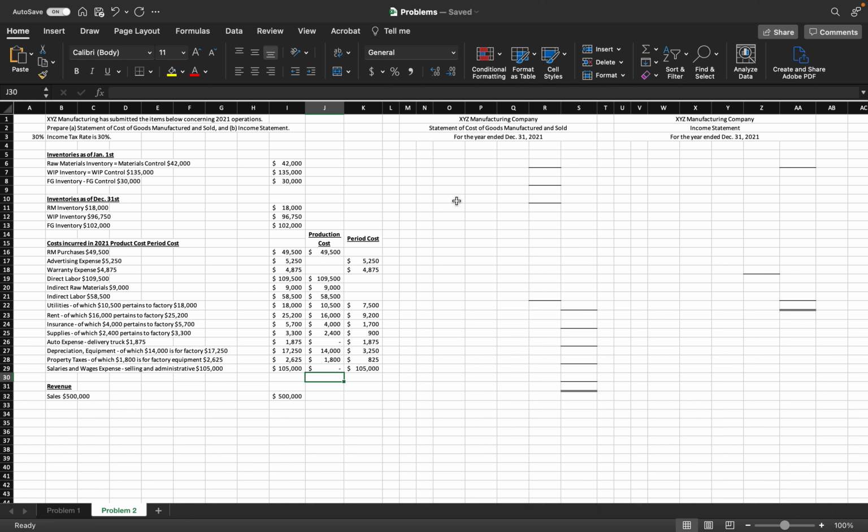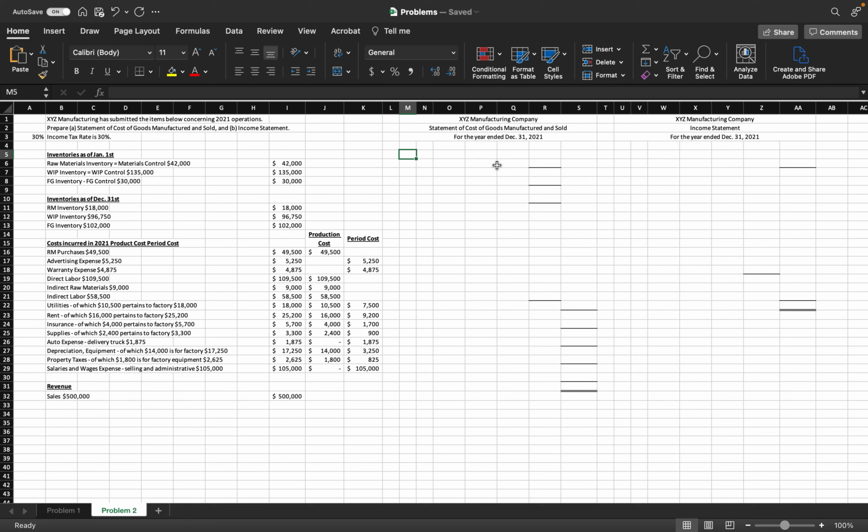We can then go over here and start creating our statement of goods manufactured. Again, I have my heading to tell me what it's for. I've already got the lines in place. You can see I've already done this problem. But these statements follow a specific format, and I don't memorize it.